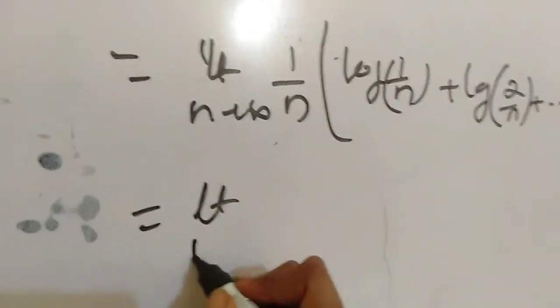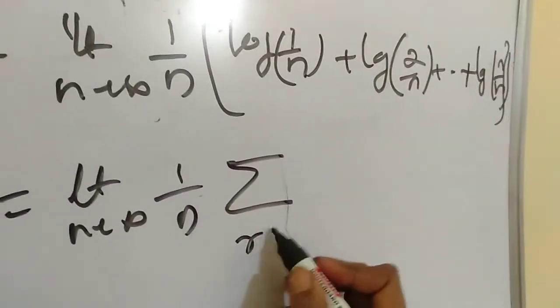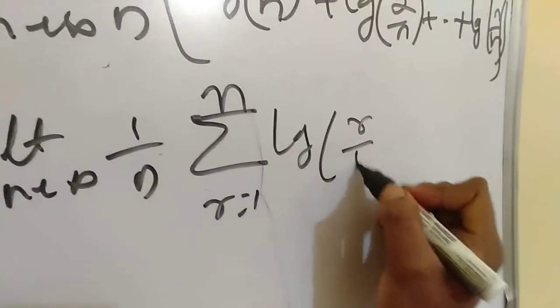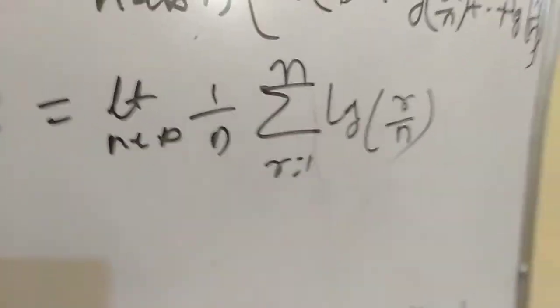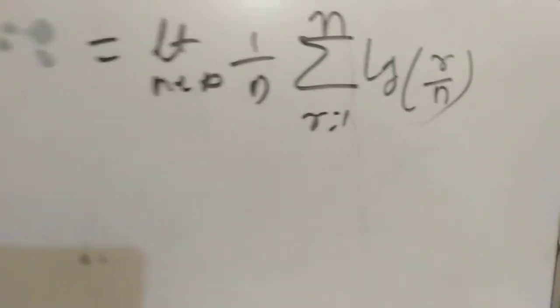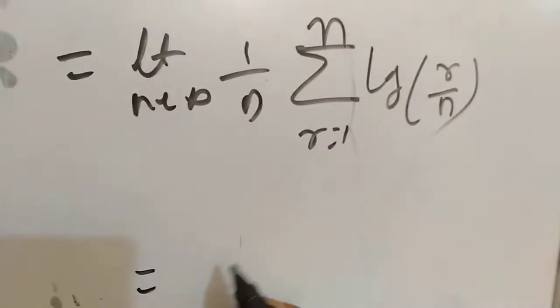Then we write this in the form of summation, r is equal to 1 to n log of r by n. We know that in the previous problem I told about the limit of a sum, and we apply the same here.